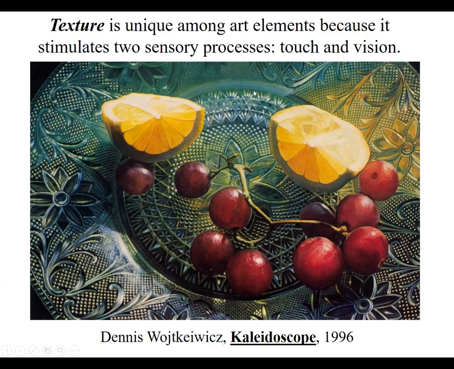But what a wonderful set of visual effects this painter is able to create with a glass plate that is kind of carved from the bottom side, with grapes and a cut up lime on the plate.